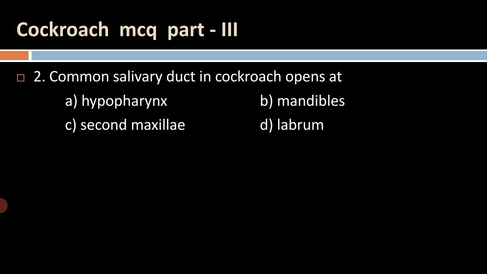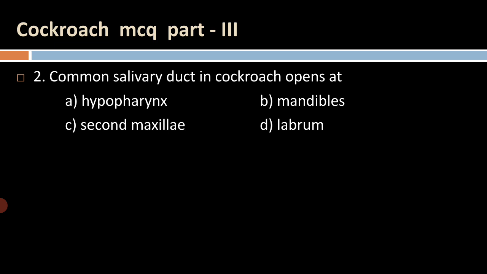Next one, common salivary duct in cockroach opens at. So we know that in case of cockroach there is a pair of salivary glands, and the salivary glands have ducts which are called salivary ducts, and both the ducts from the respective glands combine to form a common salivary duct.